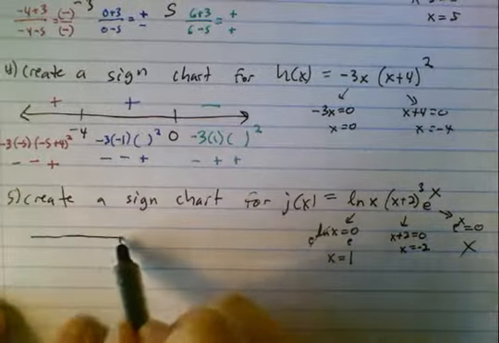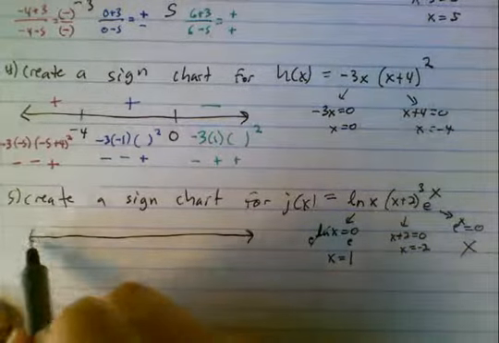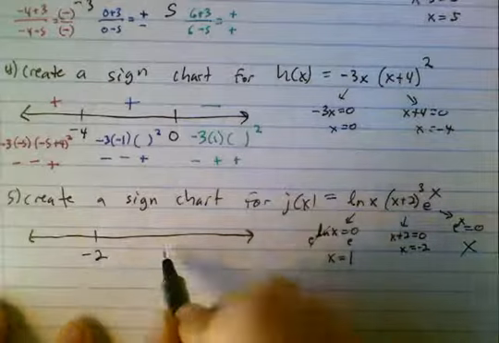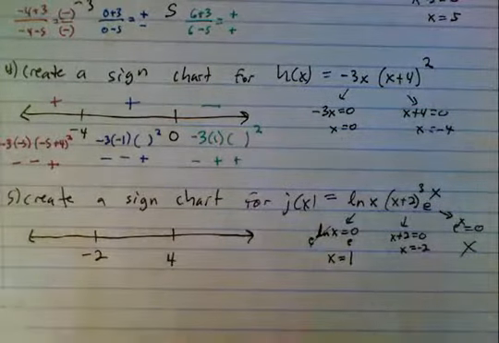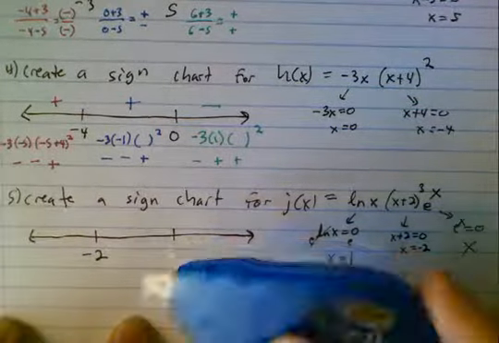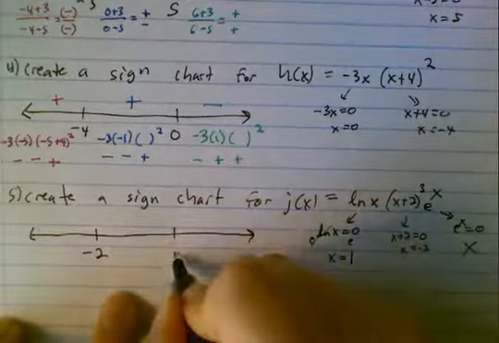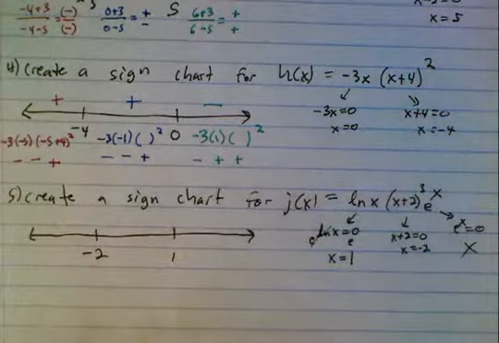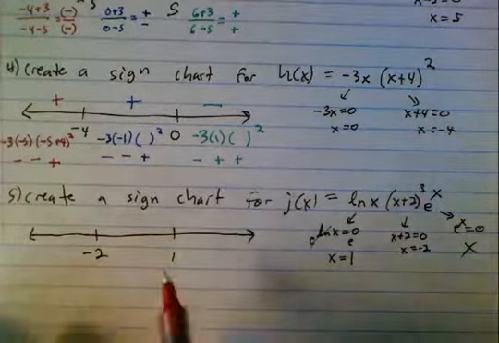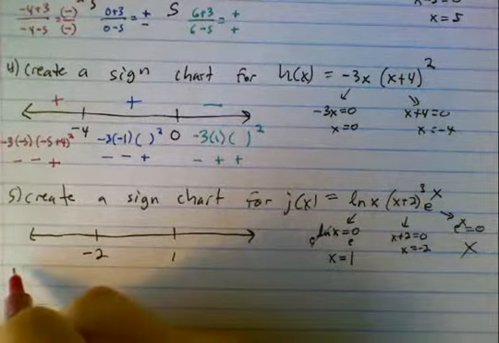Okay, so now let's go ahead and make our little sign chart. So we've got a negative 2. We've got a 1. Whoops, that's not a 1. Okay, so now we're going to go along. We're going to go ahead and pick a number less than negative 2.